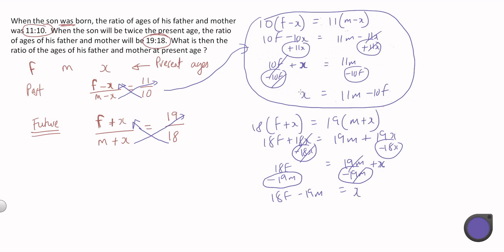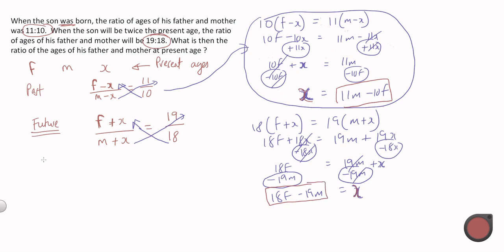Now notice this is x and this is also x. So why not, just change the color. Since both of these are x's, why not make 11m take away 10f equal to 18f take away 19m, because they're both pointing at x's.